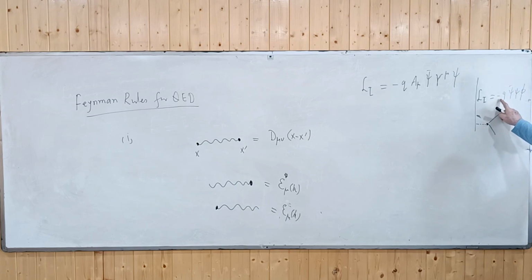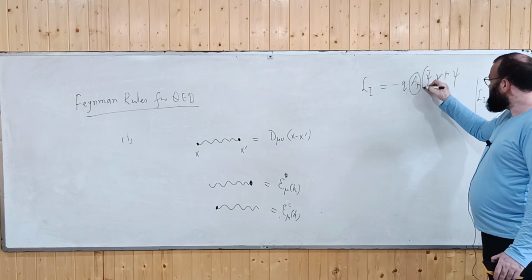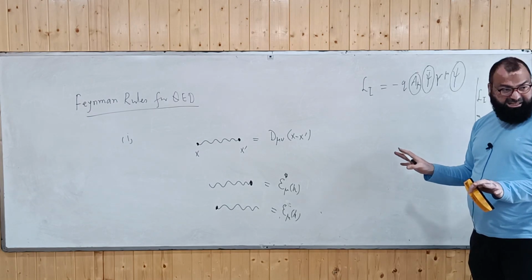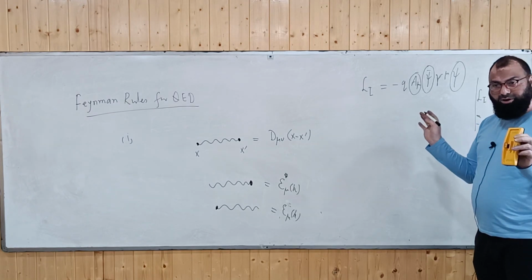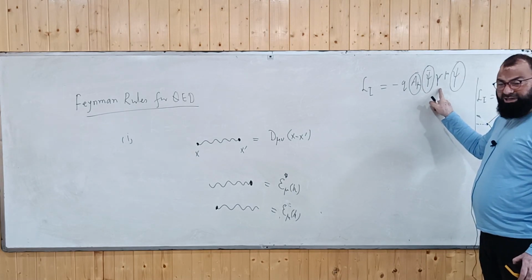So what is the vertex factor? It is g, so you put minus i g. Clear? What is the field here? A is the field, psi bar is the field, psi is the field. What remains when you remove all the fields? Q and gamma mu.